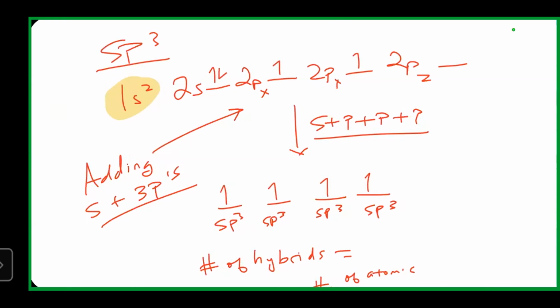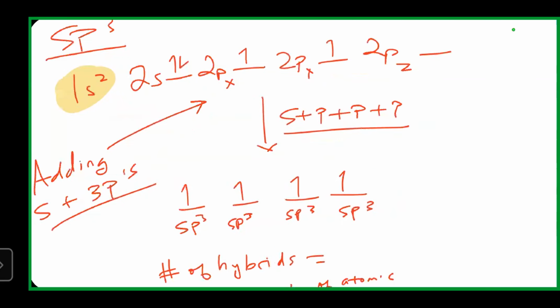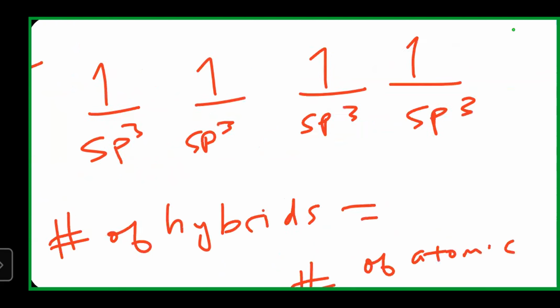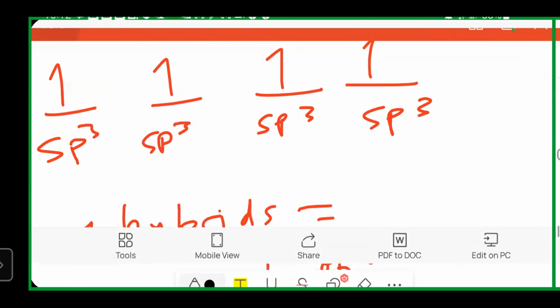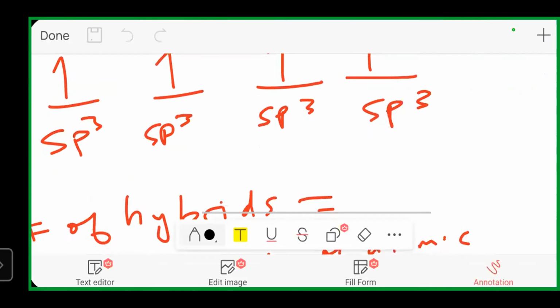And again, the 3 in sp3 simply means that all 3 p's are involved in the formation of those hybrid orbitals.